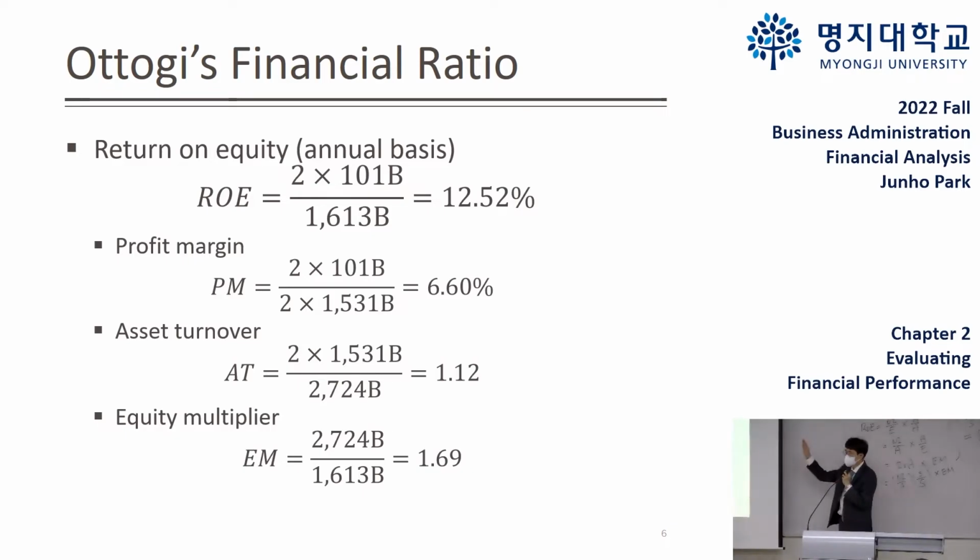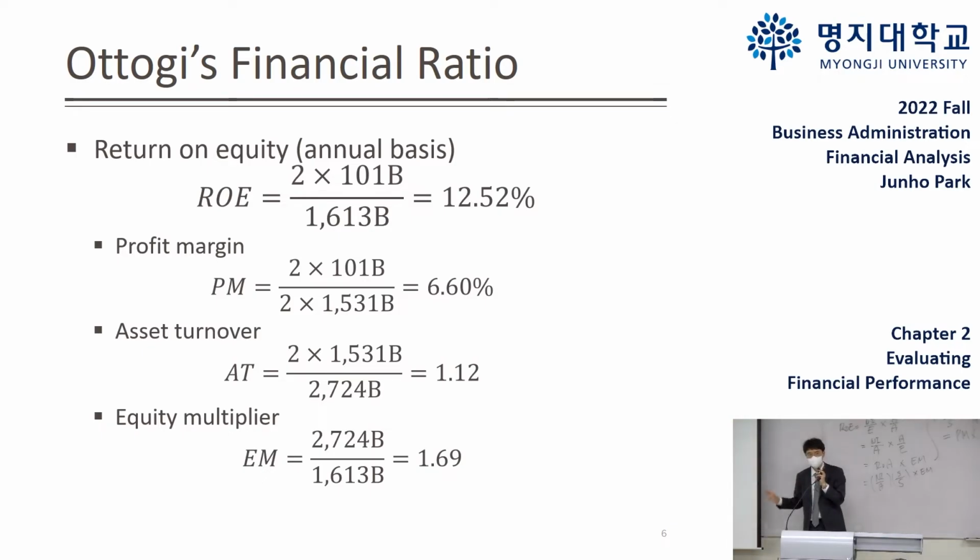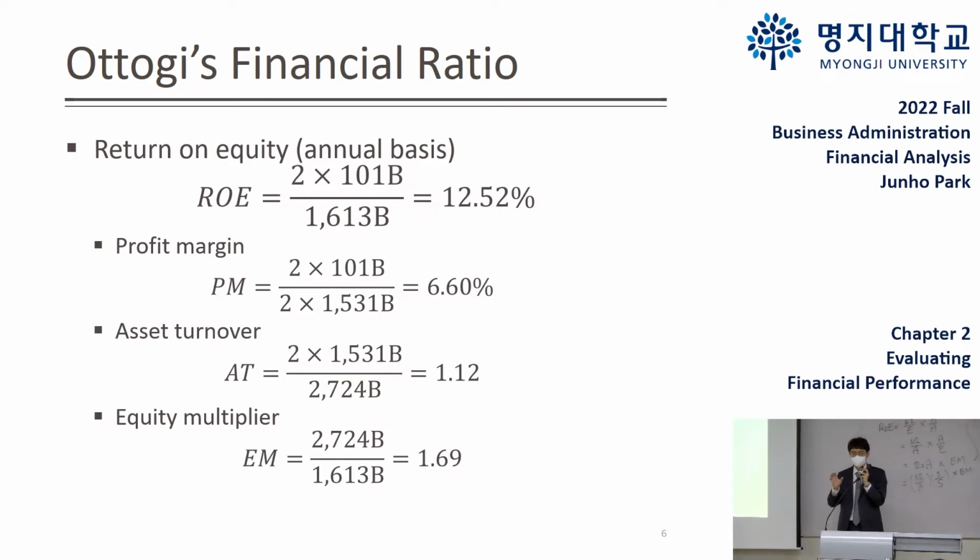So these are the basic ratios from the ROE framework. Because I want to know about the performance of Ottogi in this half year, I use two approaches together.